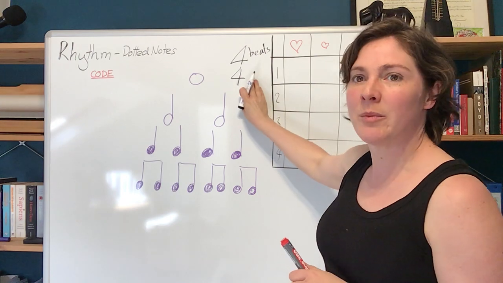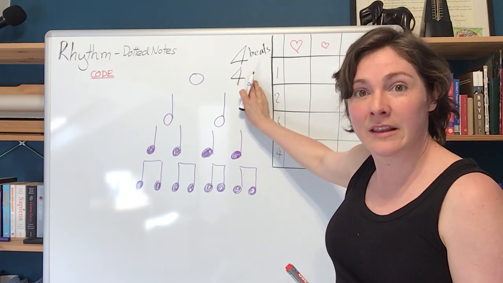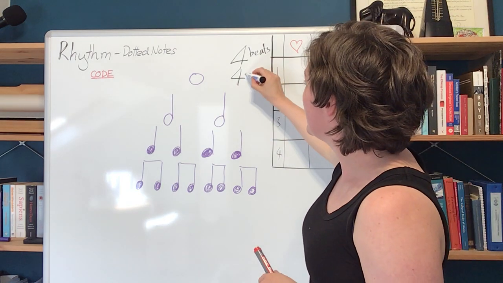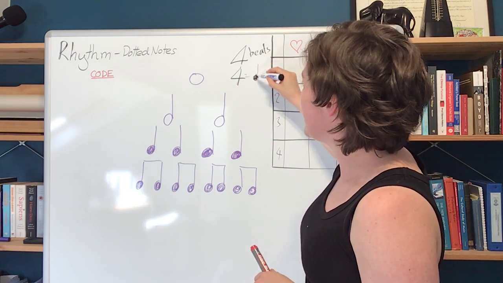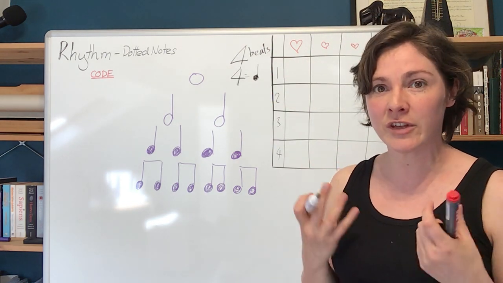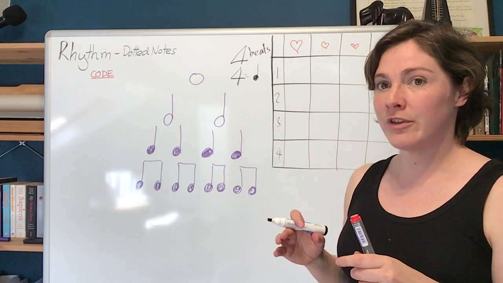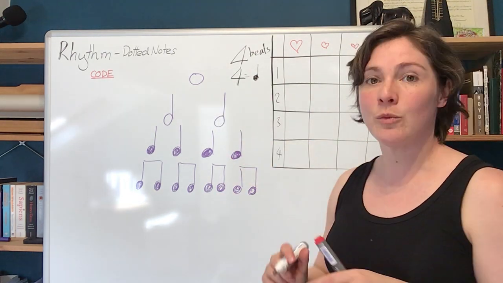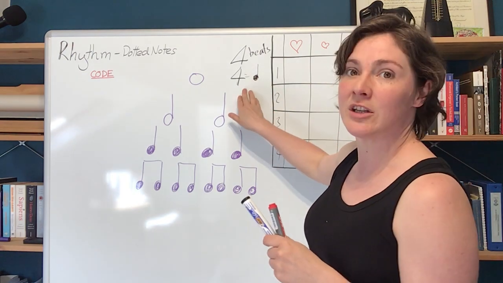Then this bottom number is really frustrating because it's a code number, and you have to understand that that code number, that 4, equals a crotchet. 4 crotchet beats in a bar, or 4 tar beats in a bar, if you're using the Kodály vocalization for the rhythm names. So that's what that time signature means.